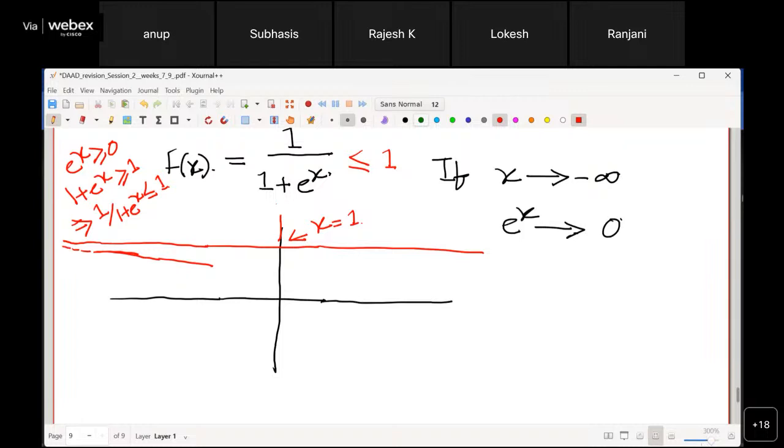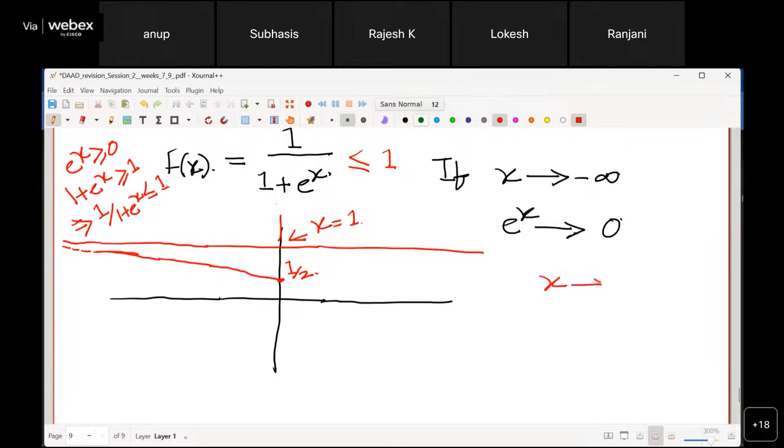At x equal to 0, what is the value of this function? 1 by 2, right? And when x is going towards infinity, where will the value of the function go? It will go towards 0.